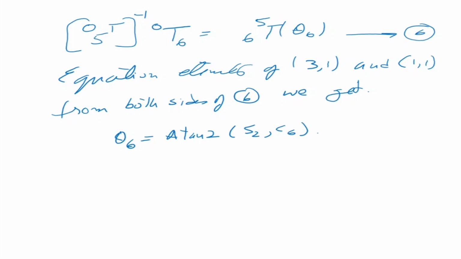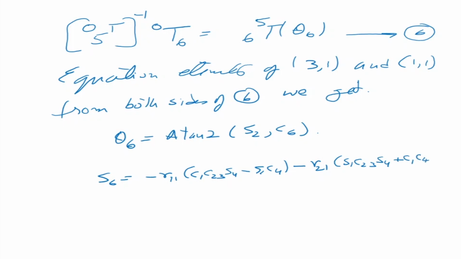Okay, so the sine and cos terms are already given. s6 is equal to minus r11 c1 c2 3 s4 minus s1 c4, minus r21 s1 c2 3 s4 plus c1 c4, plus r31 s2 3 s4. This is one, and c6 is equal to r11. Now what we note here is that there are so many terms which have sine and cos terms.